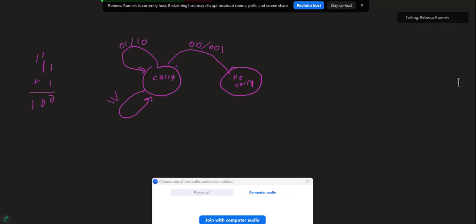So 1, 1. That's why I should have made this one 0, 1, 0. Okay, and if my inputs are 1, 0, that's the same as if my inputs are 0, 1.